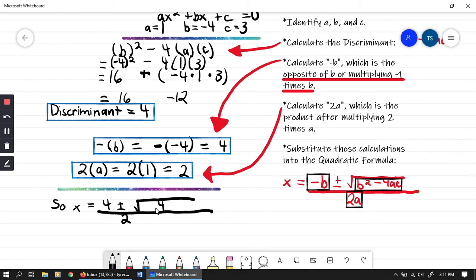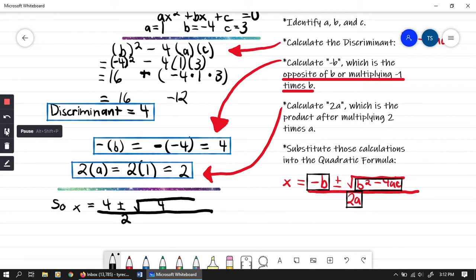In this case, our discriminant 4 is a perfect square. So when we simplify the square root of 4, clearly it is the same thing as 2. And so in this case, that's what we need to do.